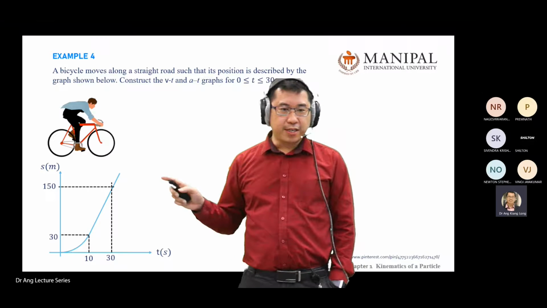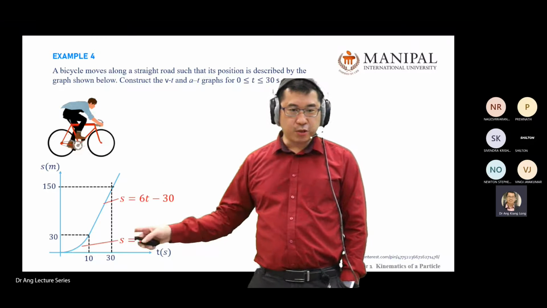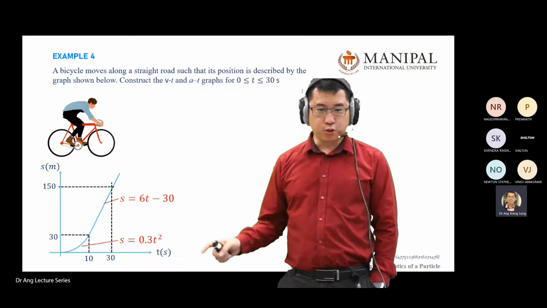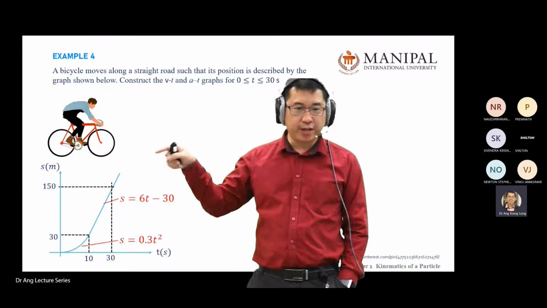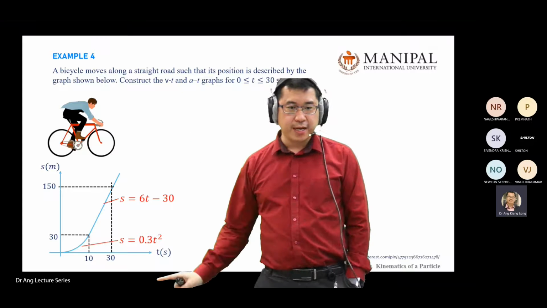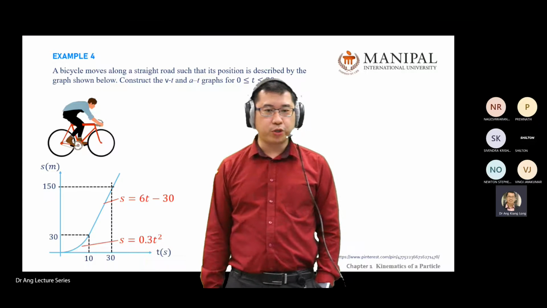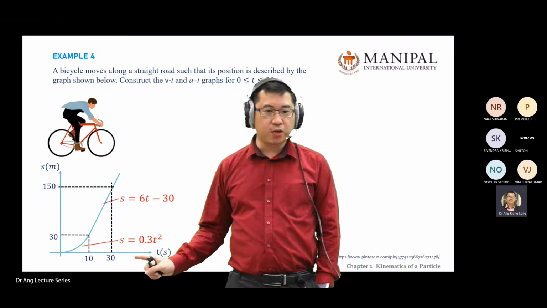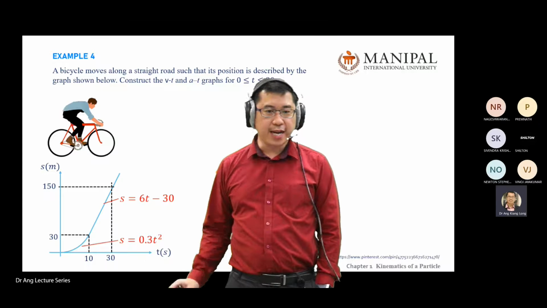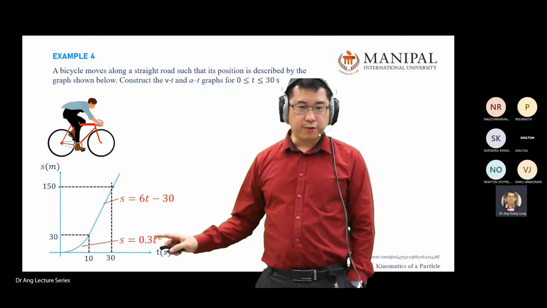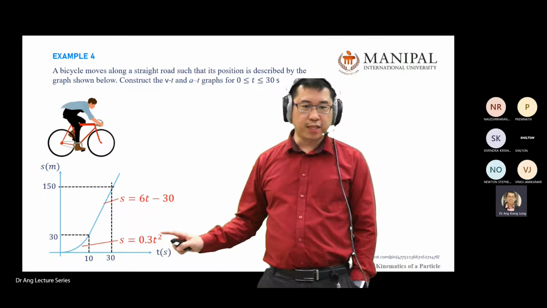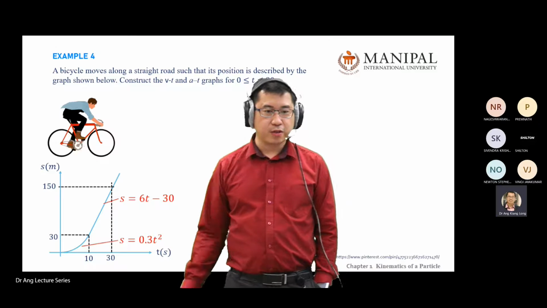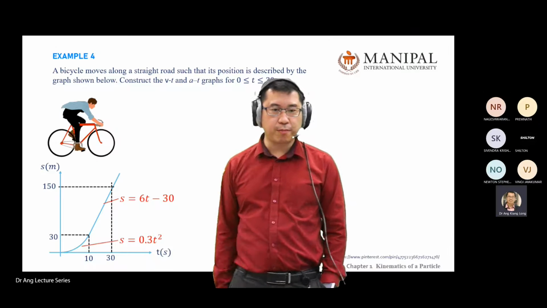This is what you see on the tutorial question. It comes with an S versus T graph, and there are two regions of motion. One is from 0 to 10 seconds, where the displacement equation is 0.3t squared. We have two different motions there.